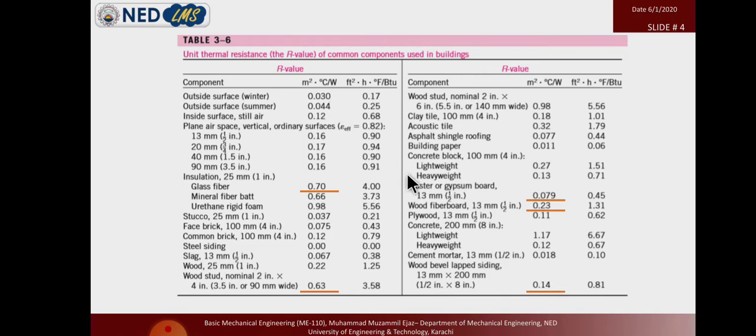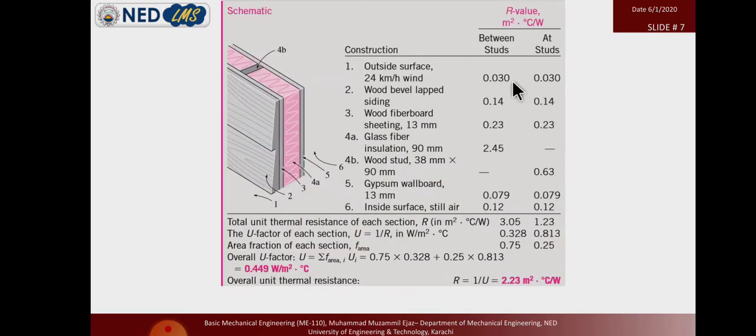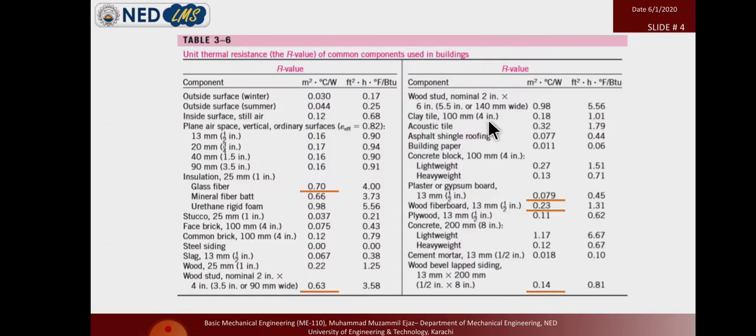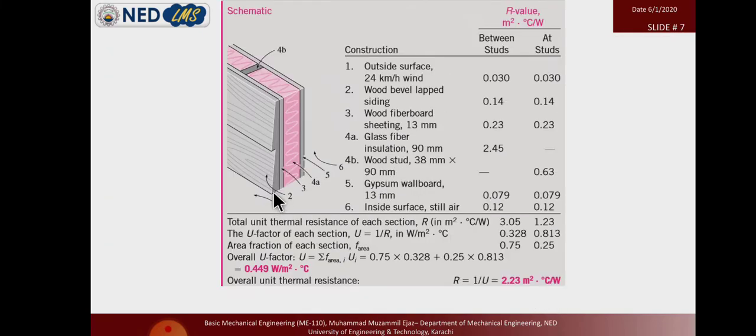This is the resistance value, so we write 0.03 over here. Then wood bevel lap siding has an R value of 0.14, so we write the R value 0.14 over here. Then fiberboard, this is fiberboard.